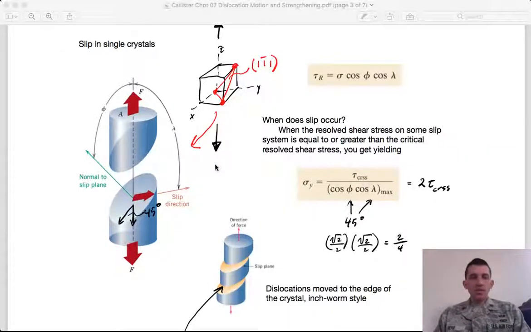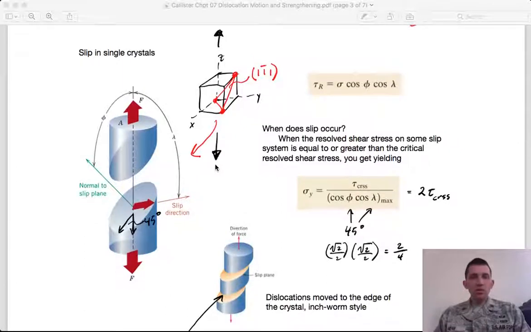So I mentioned when we were talking about complex states of stress in the last video that you have axial forces and shear forces on different slices through your tensile specimen. Different planes are going to have different distribution of force between tensile and shear, and what causes slip is shear forces. And so we're interested in the shear force, so it's the critical resolved shear stress.